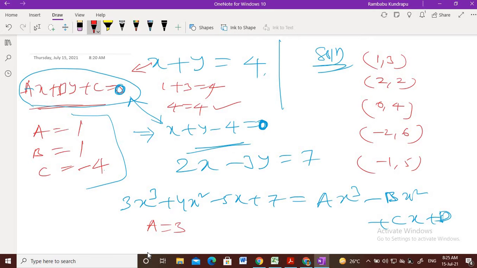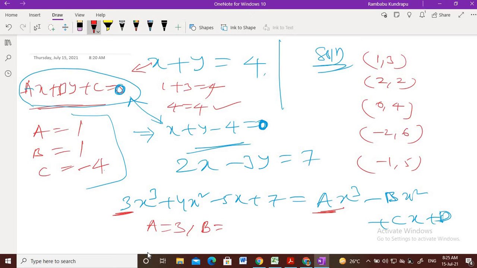See here, a is the coefficient of x cube. So in the LHS, the x cube coefficient is 3. That is why a is equal to 3. If you compare these two polynomials, LHS and RHS, a is equal to 3. Then what is the value of b?